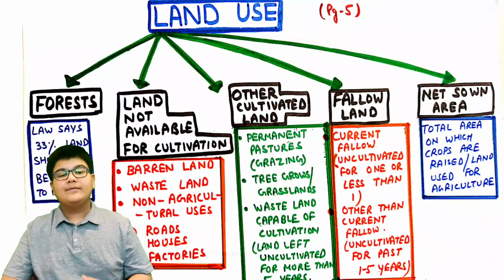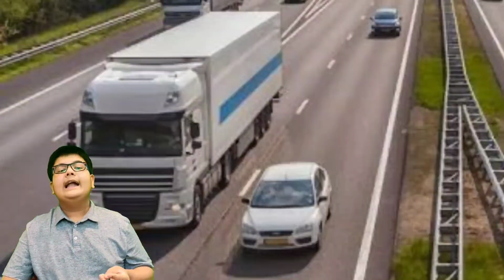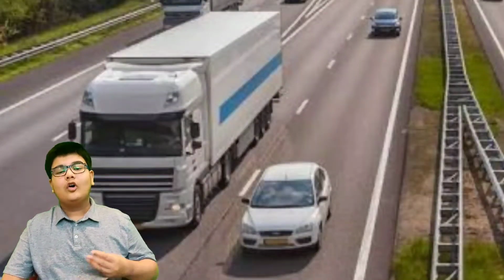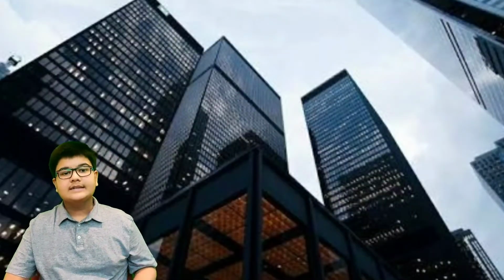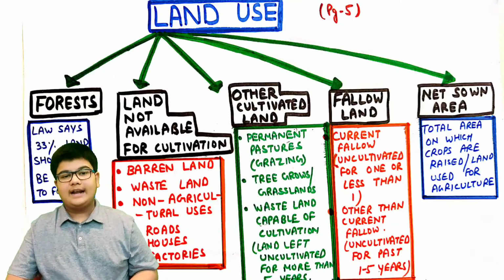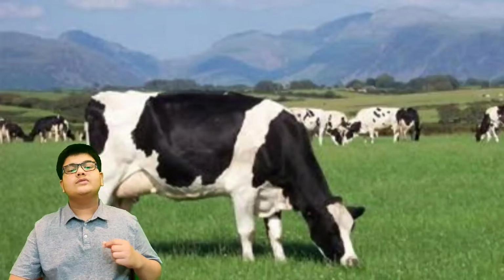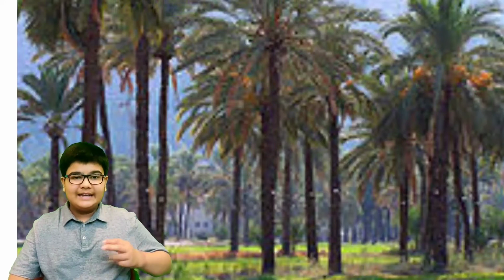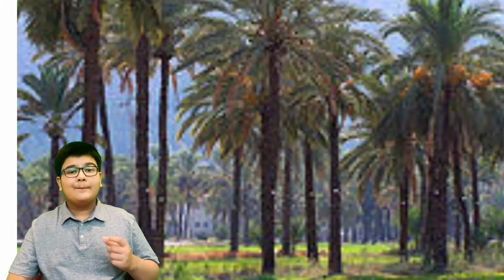Second, land not available for cultivation. So this includes barren land, wasteland, and other land put to non-agricultural uses such as roads, houses, buildings, etc. Third, other uncultivated land. These include permanent pastures which are used for grazing, and some tree groves or grasslands, such as bamboo groves.